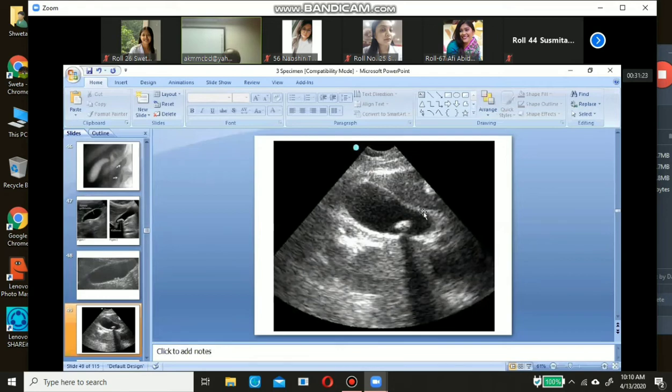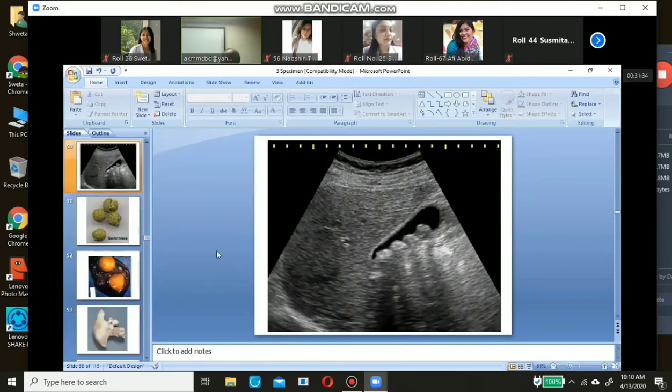This is also a gallbladder, and you see the echogenic structure, and you see the shadow below. Then multiple echogenic structures, and you see the multiple shadows. Every stone has formed a shadow.